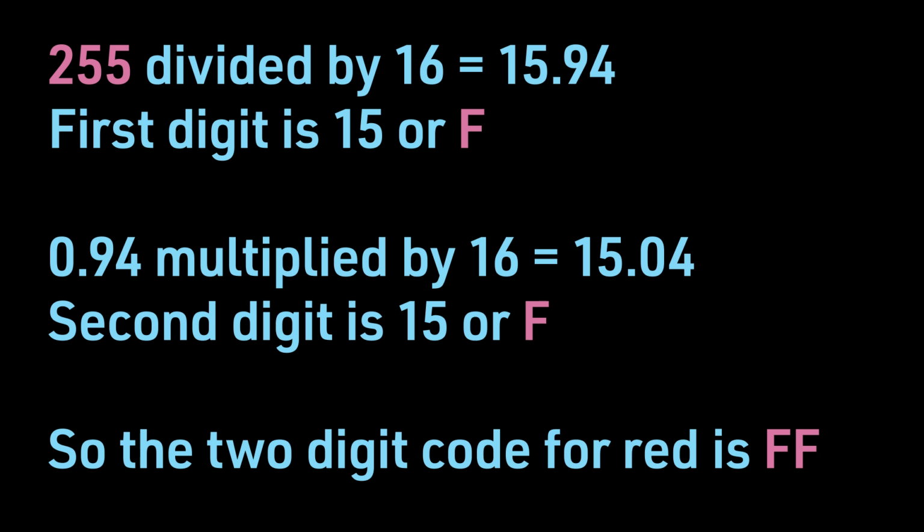This would mean the first digit is 15 or the letter F. We would take the fraction 0.94, multiply it by 16 to get 15.04, and that second digit would also be 15 and also be the letter F. So for the red, we would get a combination of the digits FF.